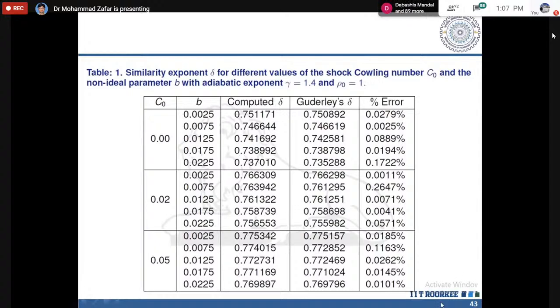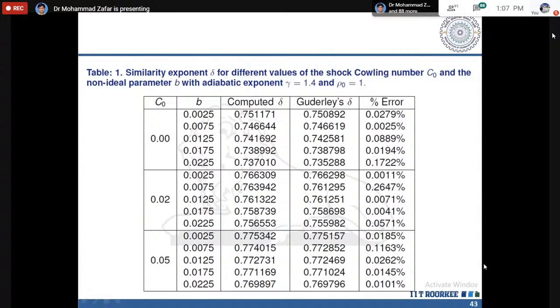Goodall is one mathematician, whose reference I have given in the reference section. He has found the values of different deltas. We have seen our computed data, and we are just finding out the percentage error in our results with Goodall's data.